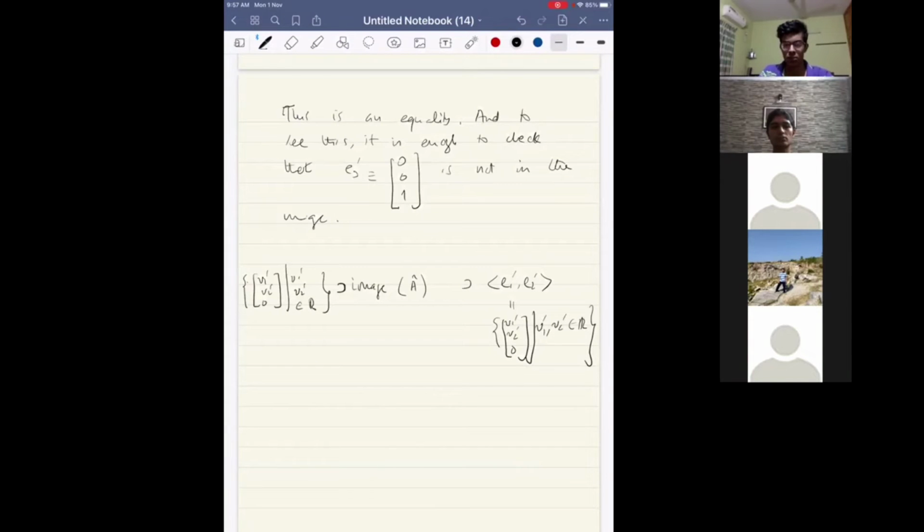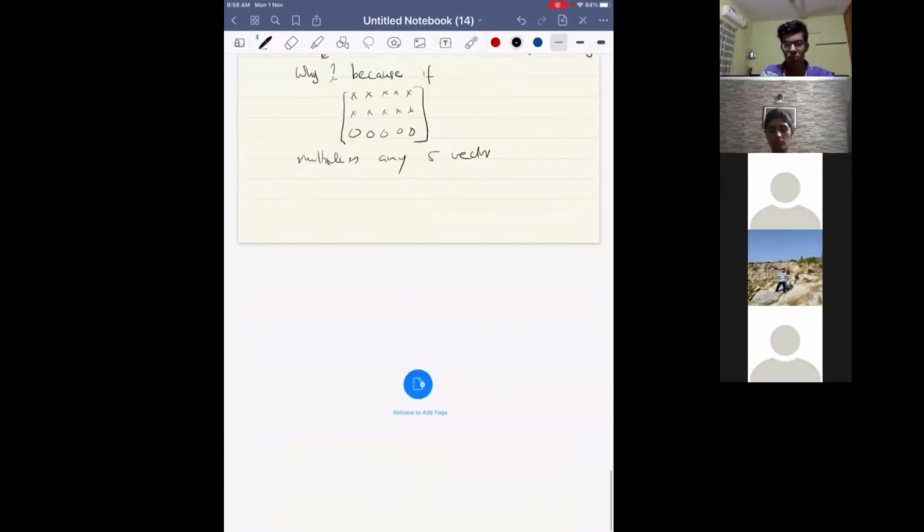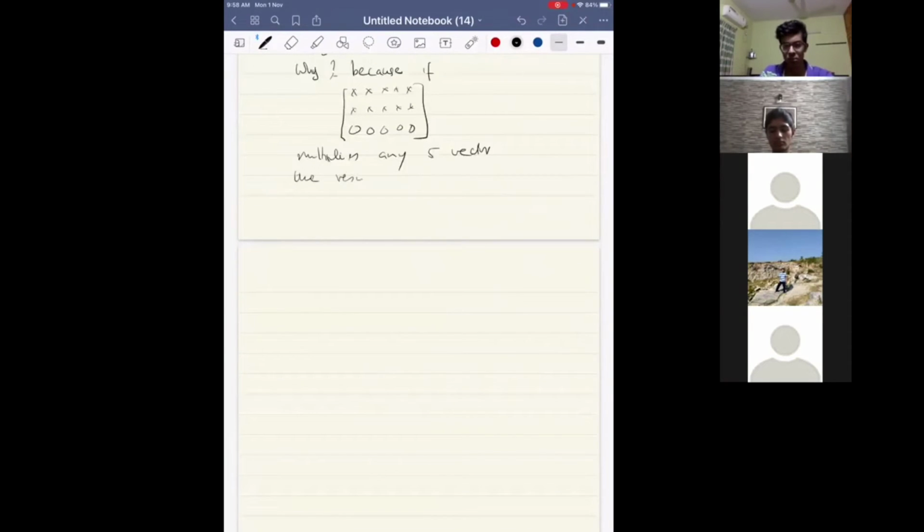And why is that? Because if the matrix multiplies any vector of length 5, the resulting vector, a vector of length 3, must have the last entry 0.